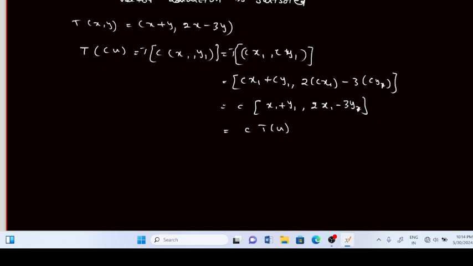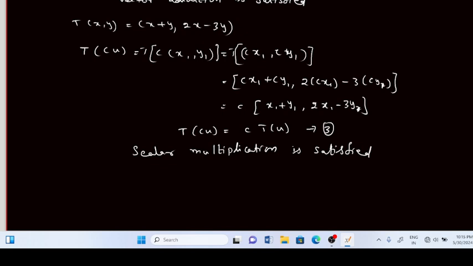So we have T of (c times u) is nothing but c times T of u. This is equation number 3. This is nothing but scalar multiplication, and scalar multiplication is satisfied. Hence T is linear.